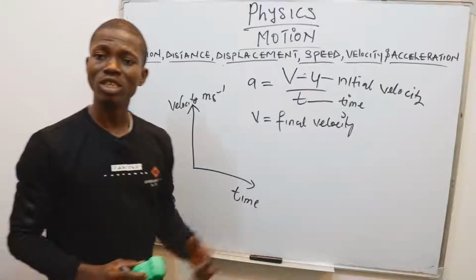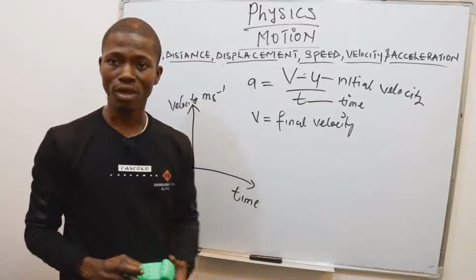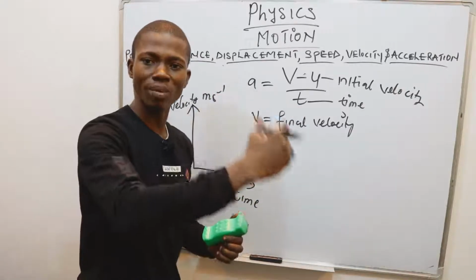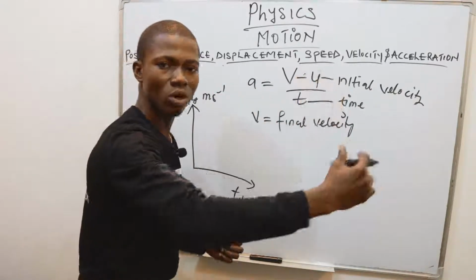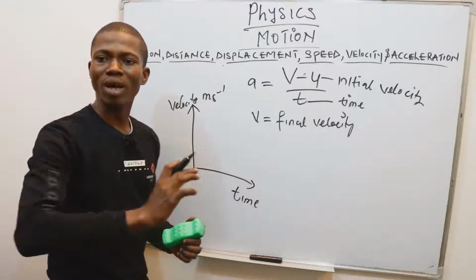When a body is moving with a constant velocity, let me say 20 meters per second, and another 20 meters per second, in equal amounts of time, this is what we call uniform acceleration.